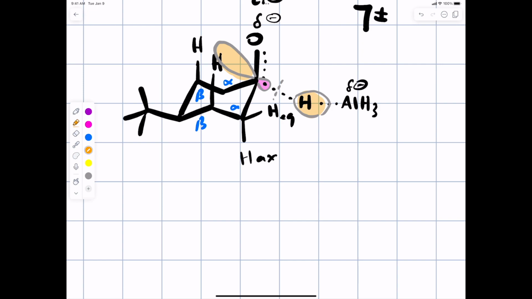I think you could argue that there's overlap with the alpha to beta carbon-carbon bonds. And so the argument would have to be that the carbon-hydrogen bonds are better donors than carbon-carbon bonds. I don't know that I can justify that to you. Is it kind of the same idea, like when we talked about similar electronegativities? Yes, it likely involves that.